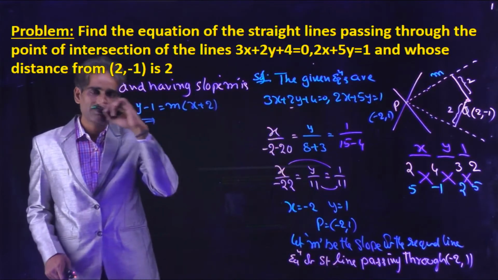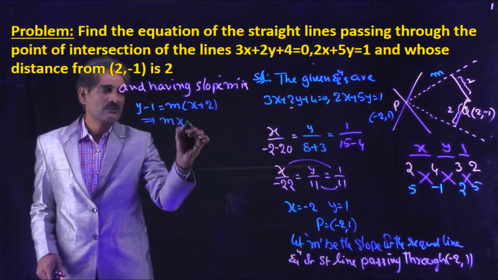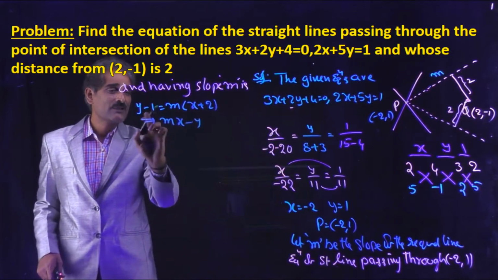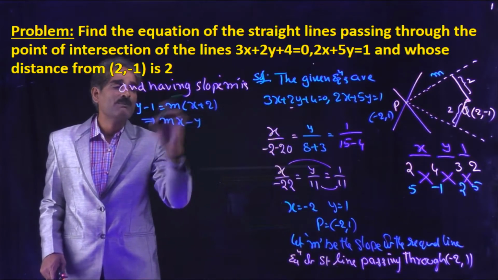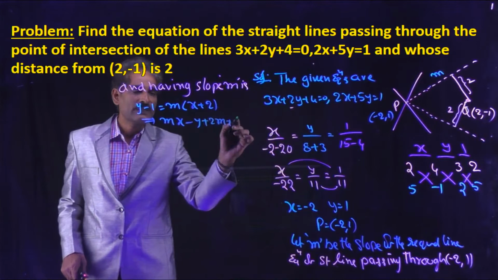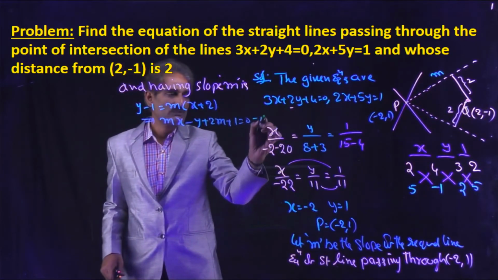From this you can write mx - y + 2m + 1 = 0. Let us take this as equation 1.